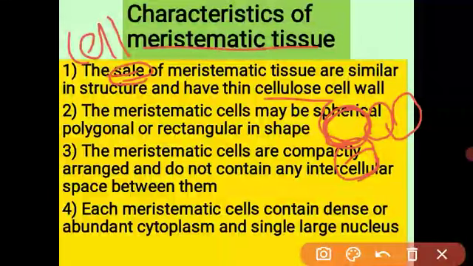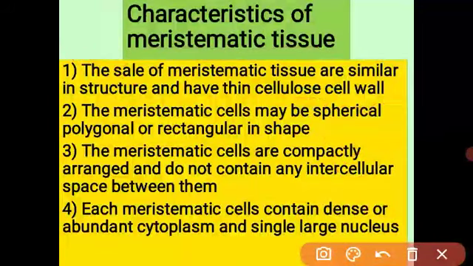The cell walls of the meristematic cells are made from cellulose. Got it? First point: the cells of the meristematic tissue are similar in structure, meaning all the cells of meristematic tissue have the same structure, and their outer covering, the cell wall, is made from cellulose.